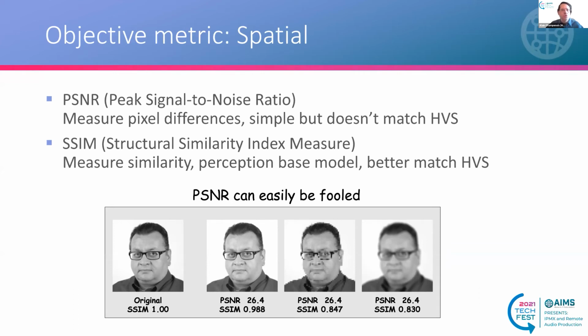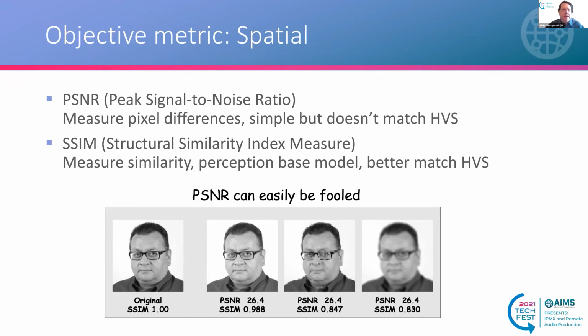Some variants exist to better represent the human visual system, but PSNR remains a crude and very simple metric. SSIM is a more complex model using luminance, contrast, and structure to compare similarity between two images. SSIM and its many variants much better represent the human visual system.